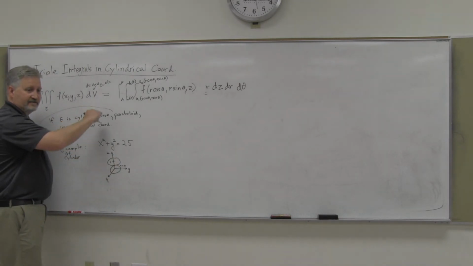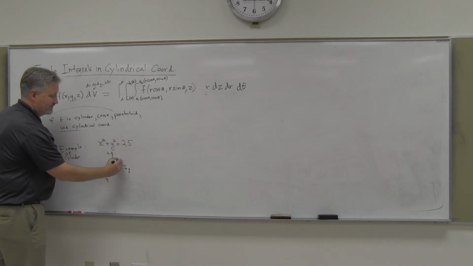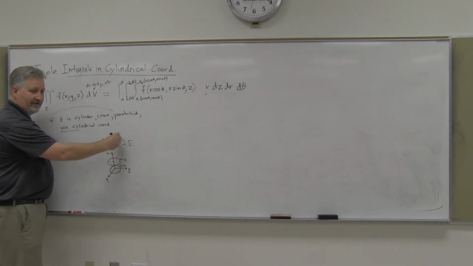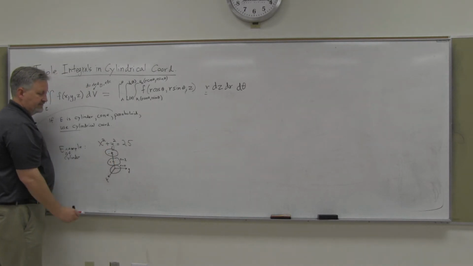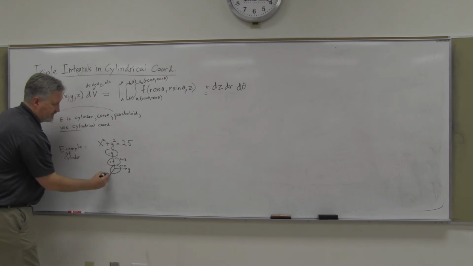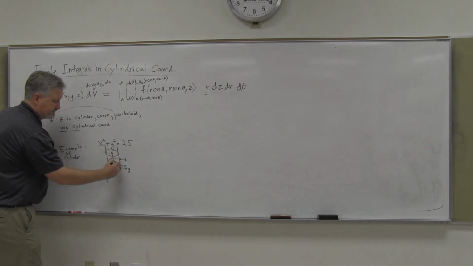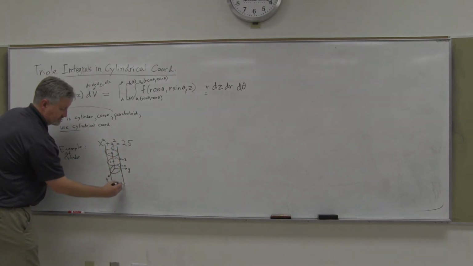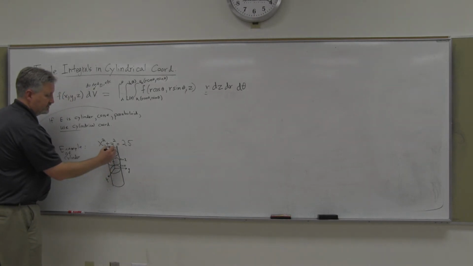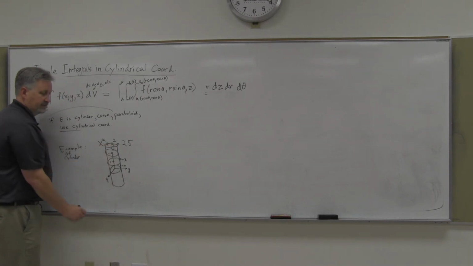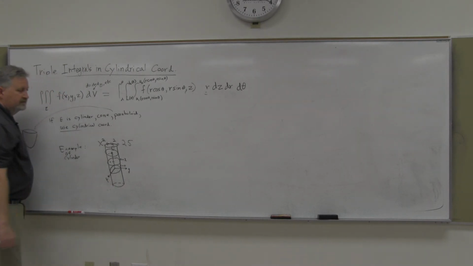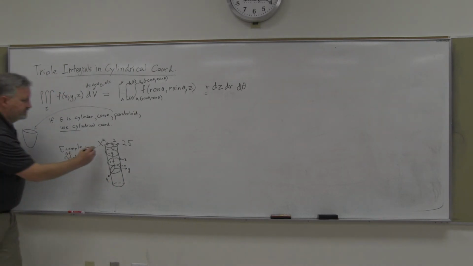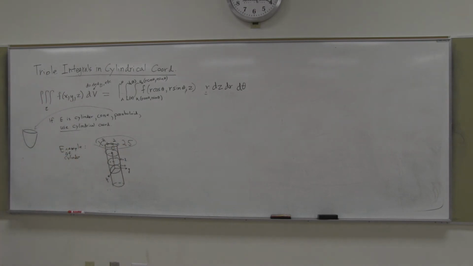And then at height z equals 2, I've got a circle radius 5 at z equals 2. And then down 2. Now that I'm drawing this, I think maybe we did do this. But you get this infinite cylindrical shape. So that's one example.